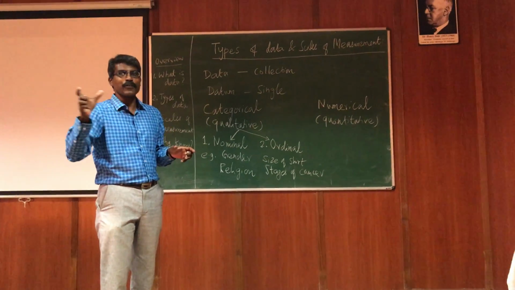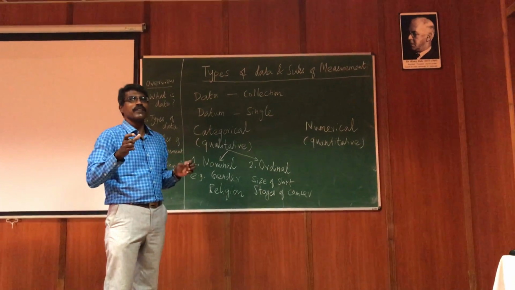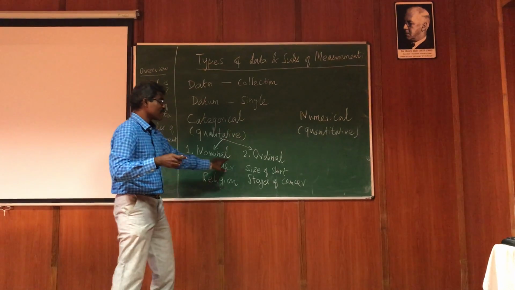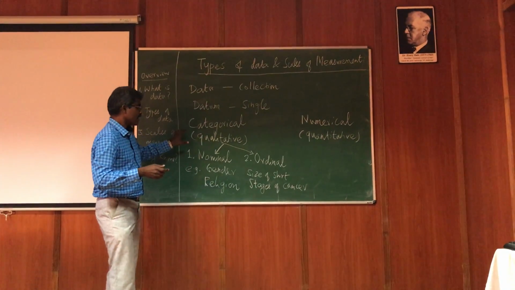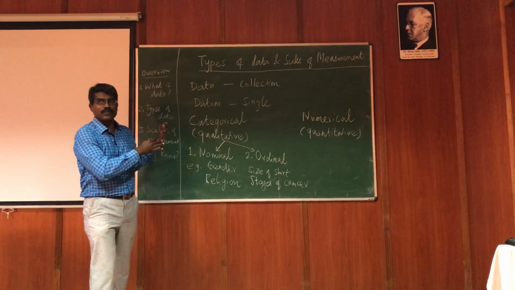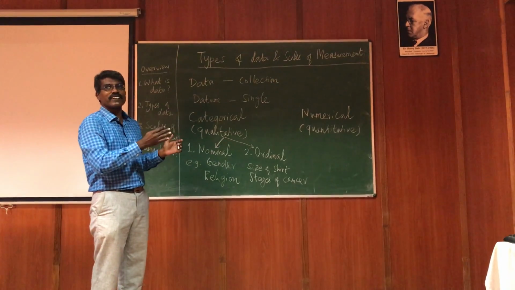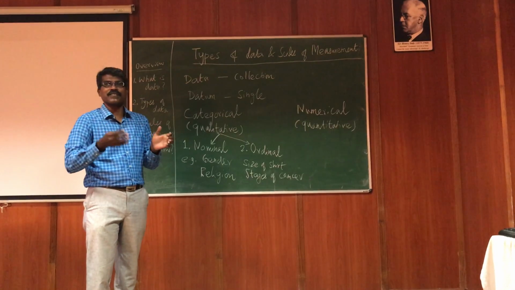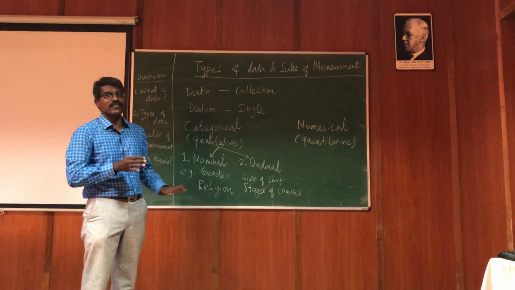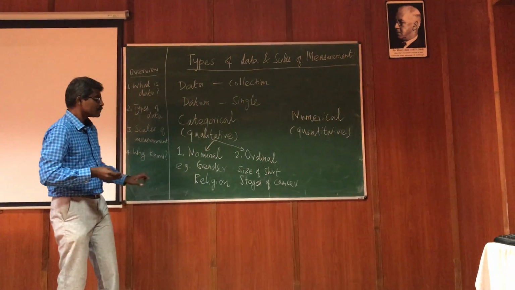So the magnitude of difference cannot be made at all. So this is called ordinal data. So categorical data, just to recapitulate, is the data which is measured in terms of categories.